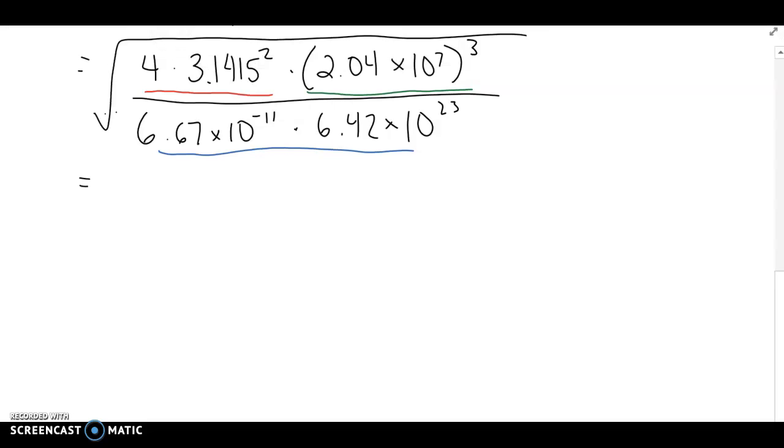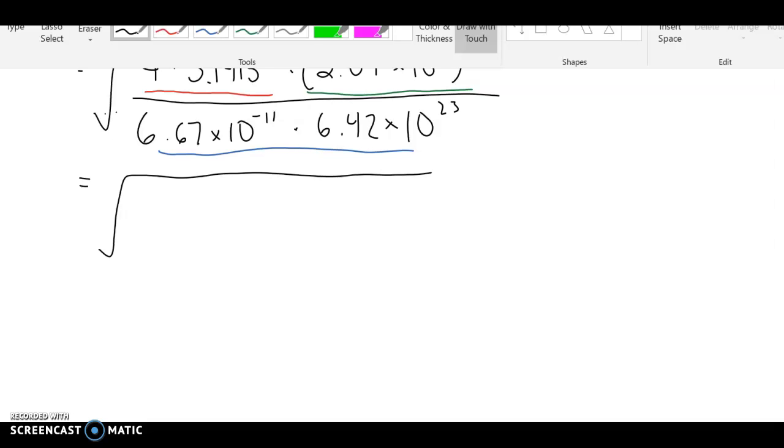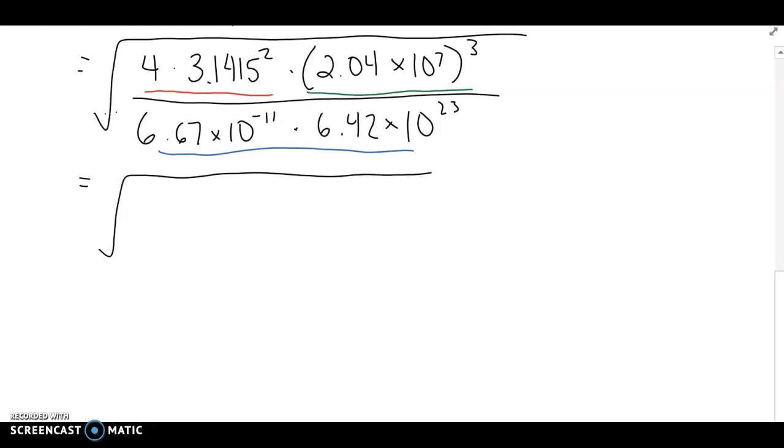So that would be, let's make this pretty because might as well. We've got our square root, and then we have the red value, which is going to be 39.476.